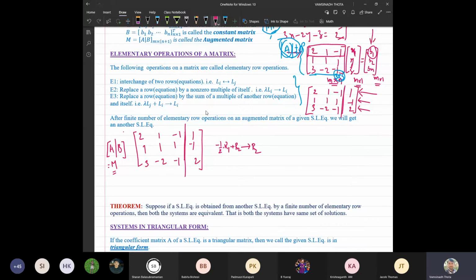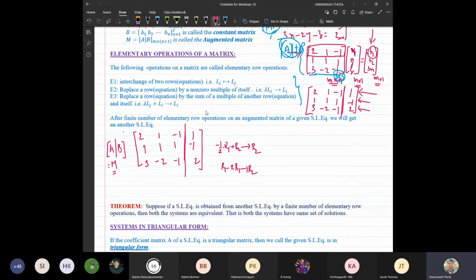So in the row operations, what you need to observe here, particularly when you are using the E3, you are not multiplying the present row. Remember that. You may say, sir, why are you doing it like this? We will get fractions. We will not do it like this. What we will do is R1 minus 2 times R2 replaces R2.